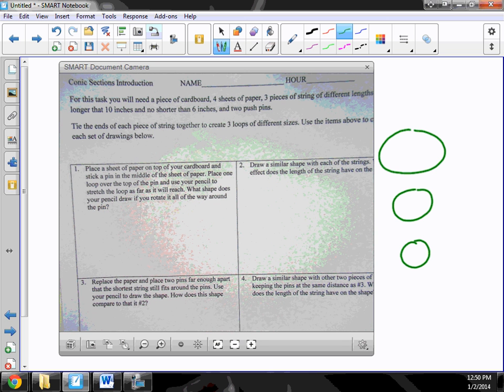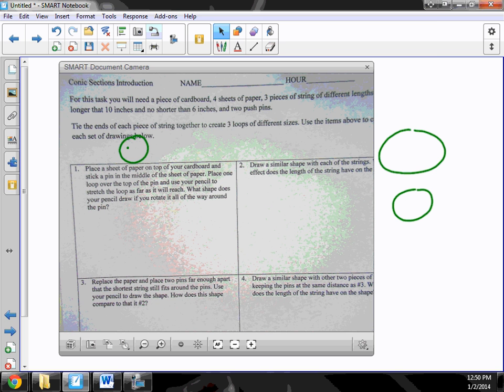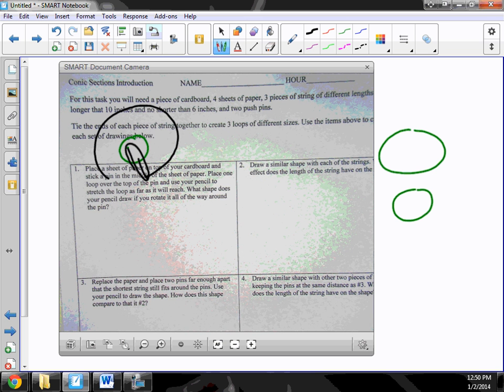So for the first one, you're going to put a pin in there. Then you're going to take your ring, and you're going to stick it right there. And then you put your pencil inside the ring, and you pull it tight. So it kind of looks like this. And then you're just going to trace around, and it's going to make a circle. That makes sense? So you use that ring to pull as tight as you can, and you trace out a circle. Okay, and you're going to do that with all the others.